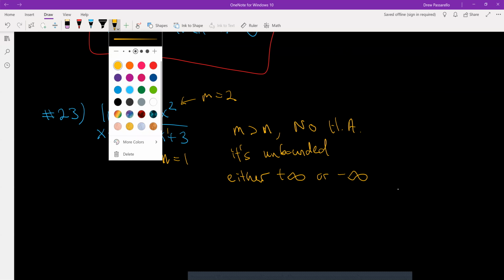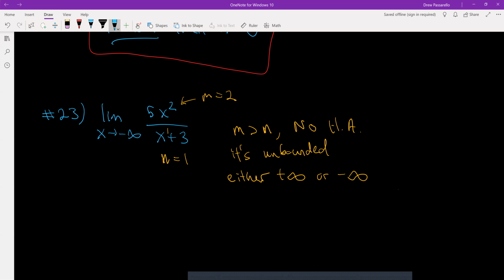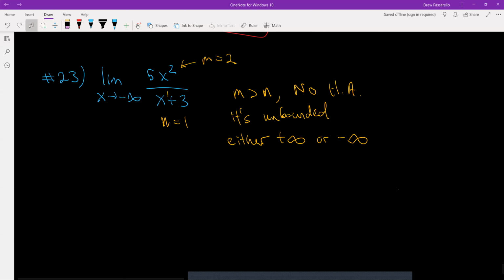And I sort of just look at each thing separately as far as the numerator and denominator. So 5x squared, that's going to be positive, since squaring a negative number is positive.